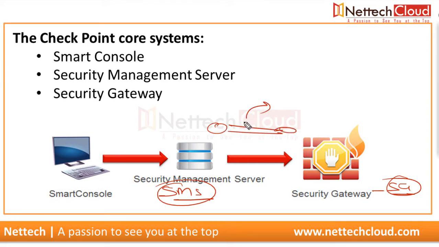They should trust each other, and there should be a secure channel, a kind of VPN tunnel sort of thing. Without that, policies can never be pushed to the security gateways. And that's what I'm going to discuss in the next slide.